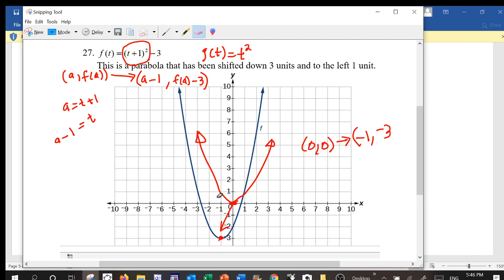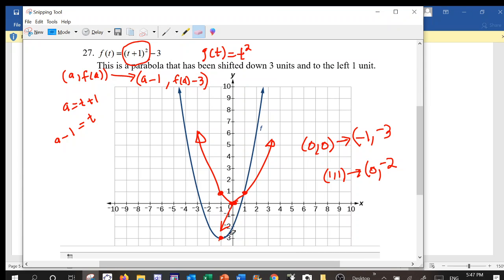Then you can graph the other points to graph it. Let's say 1, 1, and negative 1, 1. Where do they go? Well, 1, 1 goes to 0, because 1 minus 1 is 0, and 1 minus 3 is negative 2.